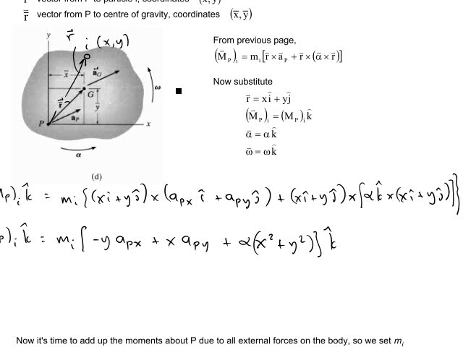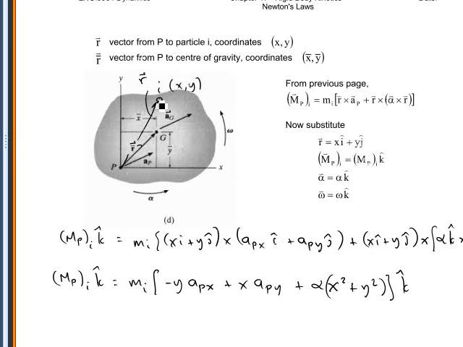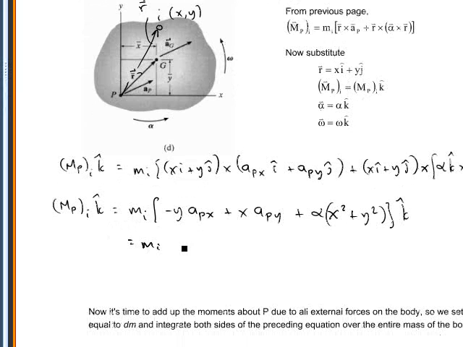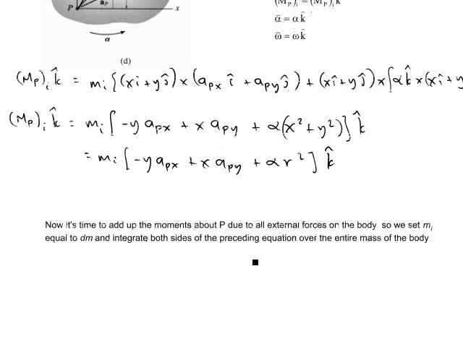Now, x squared plus y squared, that's the distance r from point P to point I squared. So I can write what I just wrote as minus y apx plus x apy plus alpha r squared in the k direction.